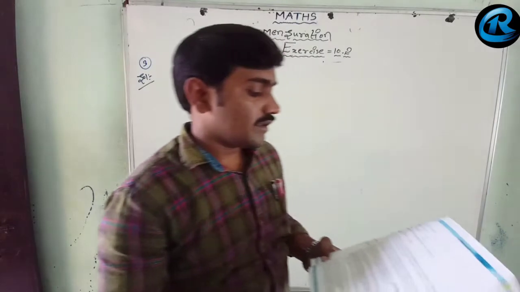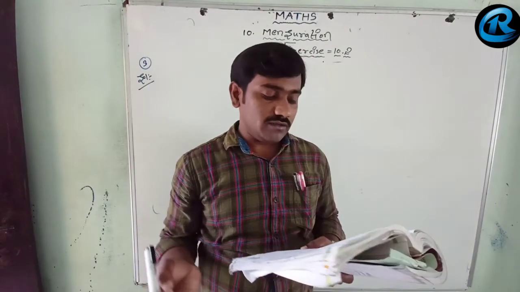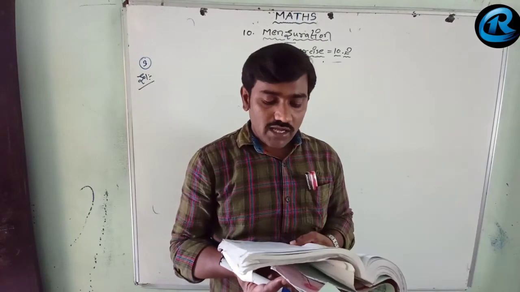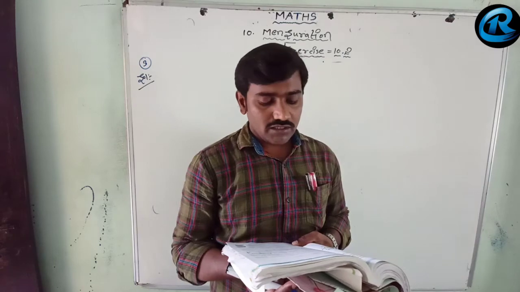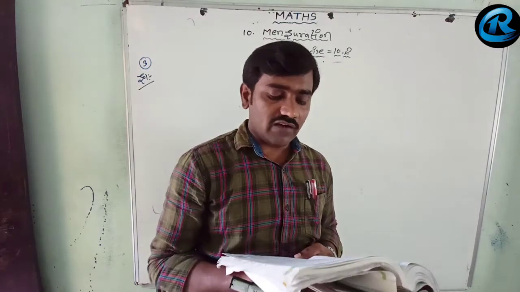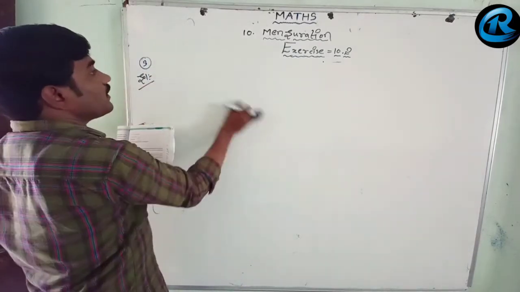Question number 3. A medicine capsule, as we know, the medicine capsule is in the shape of a cylinder with 2 hemispheres struck at each of its ends. Yes, what does a medicine capsule look like?